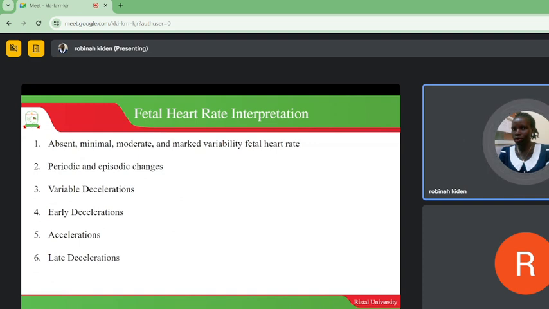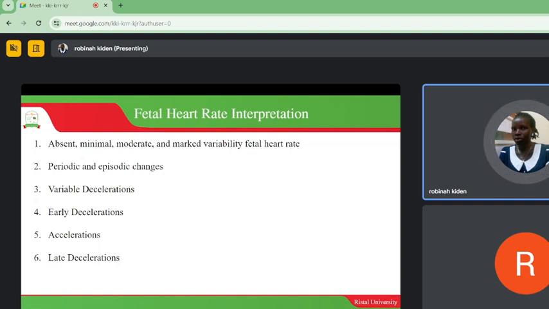Then you need to sense danger. Then decelerations, early decelerations. For instance, we expect that during labor, more so when the labor is almost going into second stage, or when it's actually in second stage and the mother is about to deliver, the fetal heart rate may decrease, and that is normal because of the increased contractions.